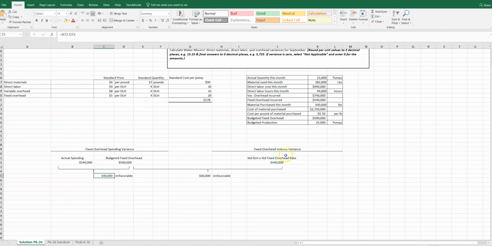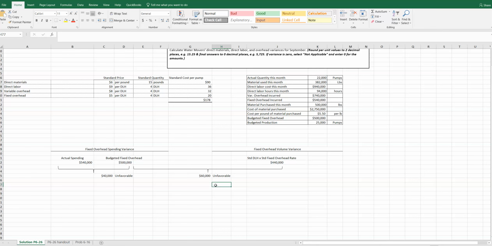This is basically the applied overhead at this point. So it's the standard direct labor hours, which is 4 direct labor hours, times the standard rate times the number of pumps produced. And that gives us $440,000 and a $60,000 unfavorable fixed overhead variance.